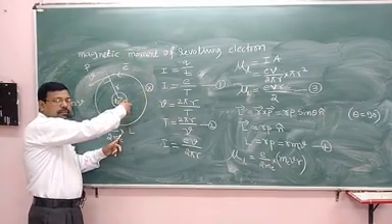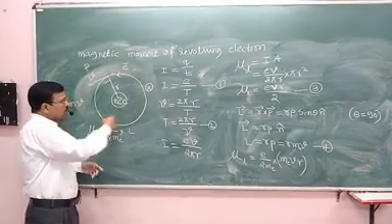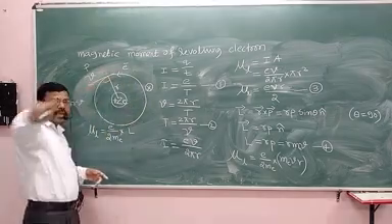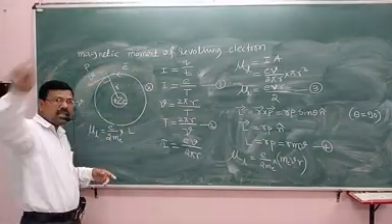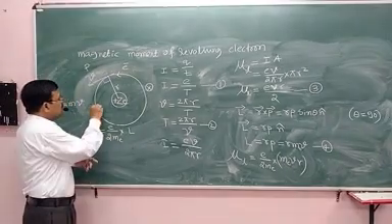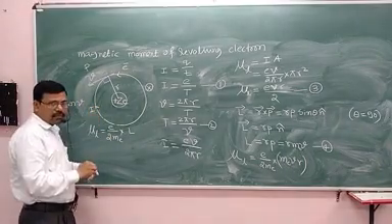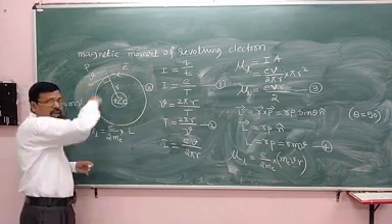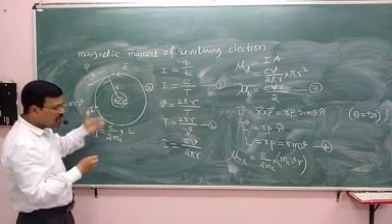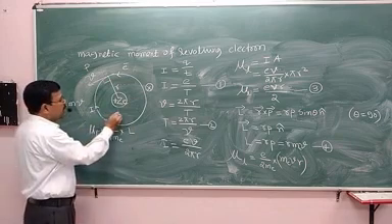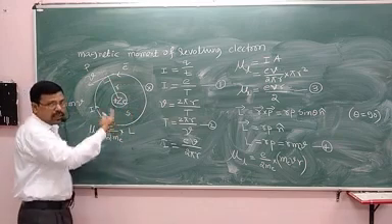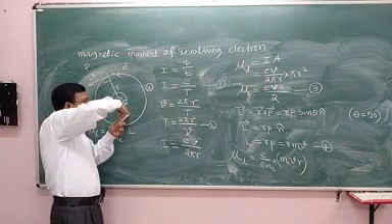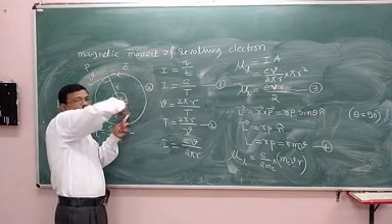The direction of the magnetic moment is into the plane. How? You see the direction of motion of electron and the direction of current. The direction of current is always shown against the motion of the electron, like this. If the current is in the clockwise direction, the upper face acquires south polarity, the lower face acquires north polarity. Therefore, the direction of the magnetic moment is from south to north.